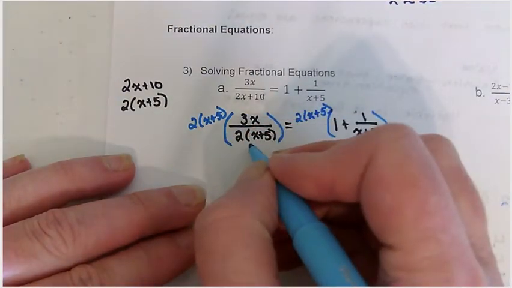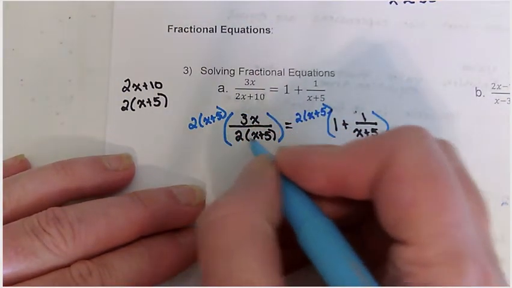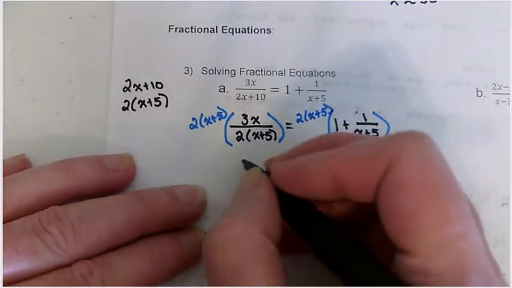So here the 2 times x plus 5, or 2x plus 10, would cancel, leaving me with a 3x.